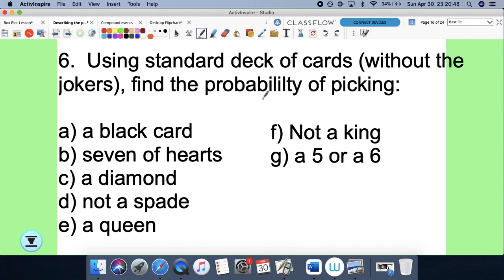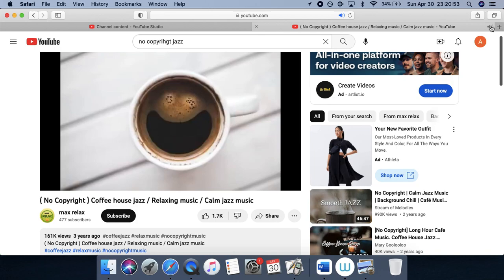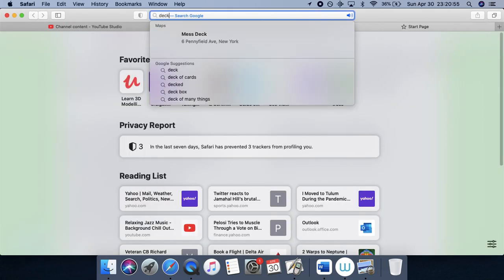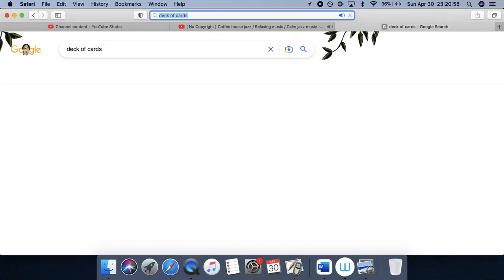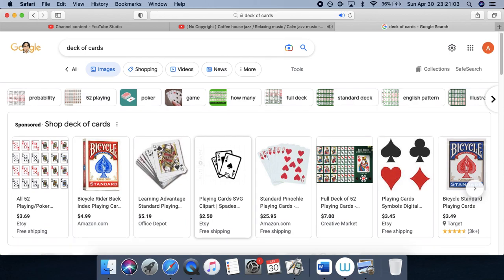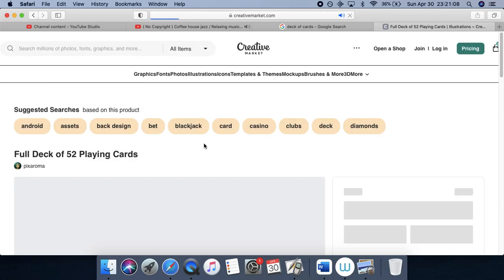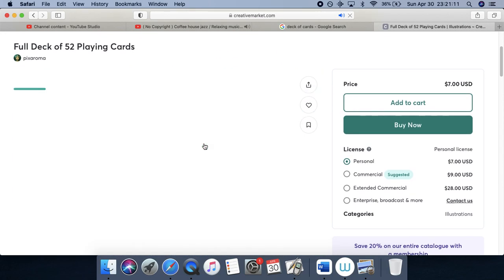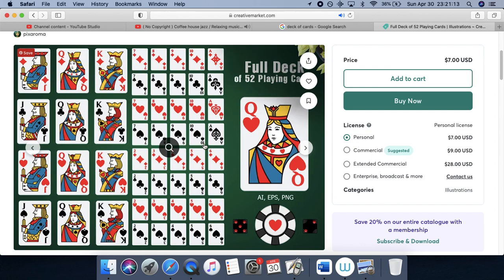A deck of cards. So if you think about a deck of cards, a deck of cards has your diamonds, your clubs, your hearts, and your spades.